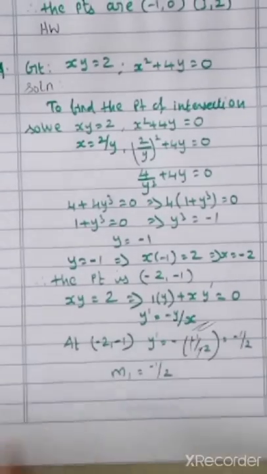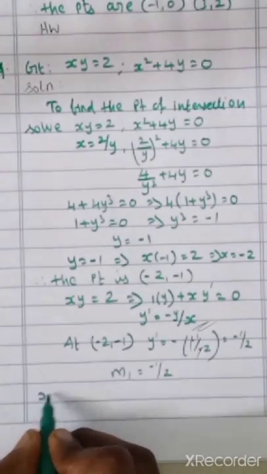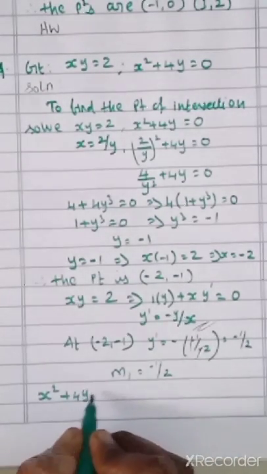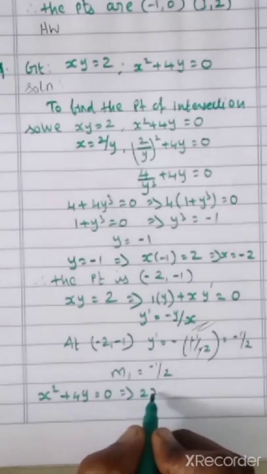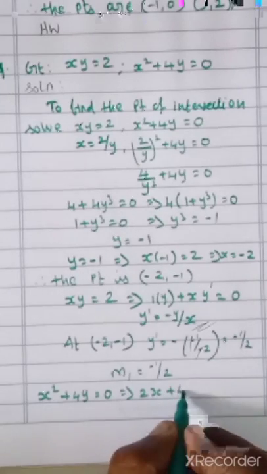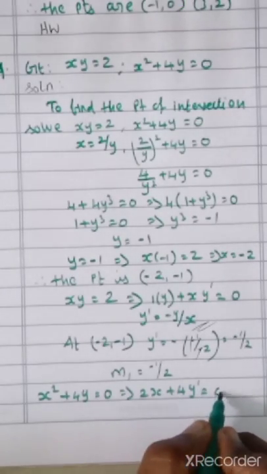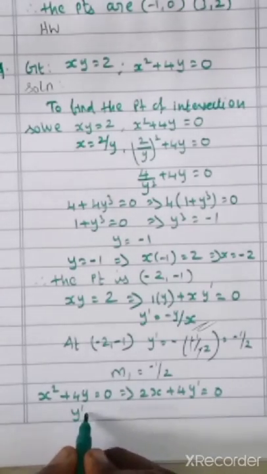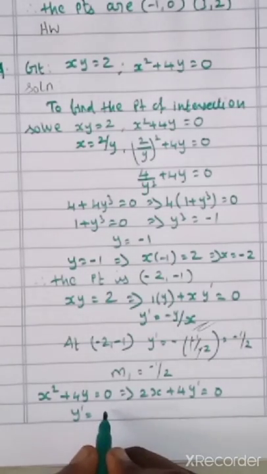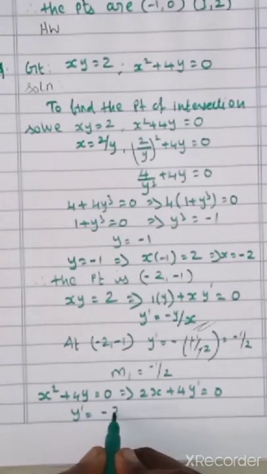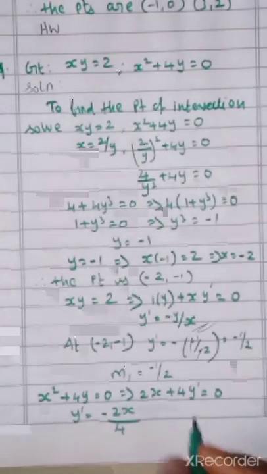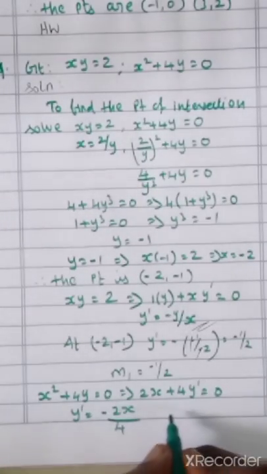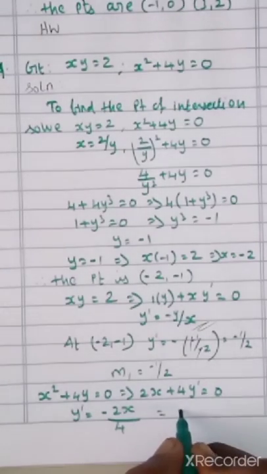Next step, we have to take the second curve. And what is the second curve? x square plus 4y equal to 0. If we differentiate, x square gives 2x plus 4y dash equal to 0. That is y dash is equal to minus 2x by 4. So at the point minus 2 comma minus 1, what will you get?